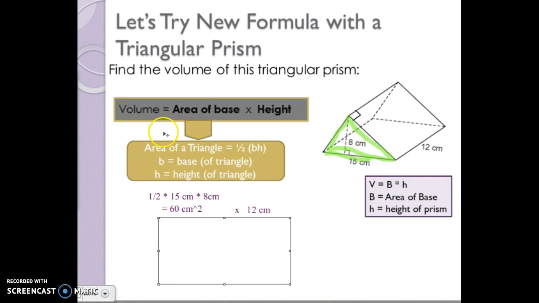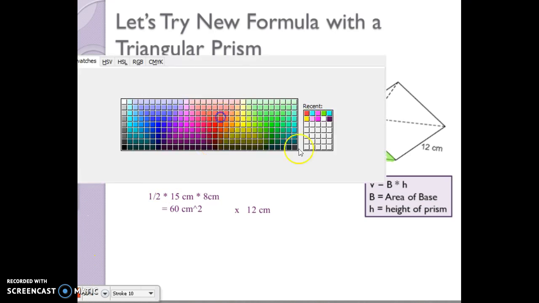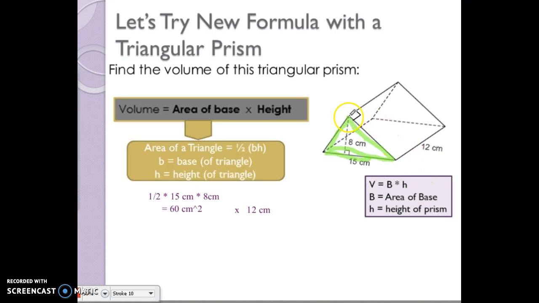Okay, and that is this part, right, the area of the base. Now we have to do the height. Again, this height is the height of the prism. And the height of the prism in this case, this is a right prism. So the height of this prism is always going to be, what we learned before, an altitude, which is a perpendicular segment from base to base, right?